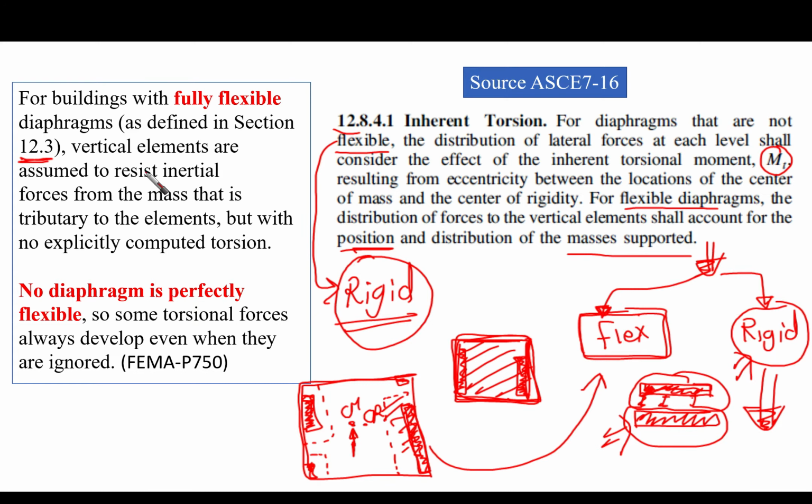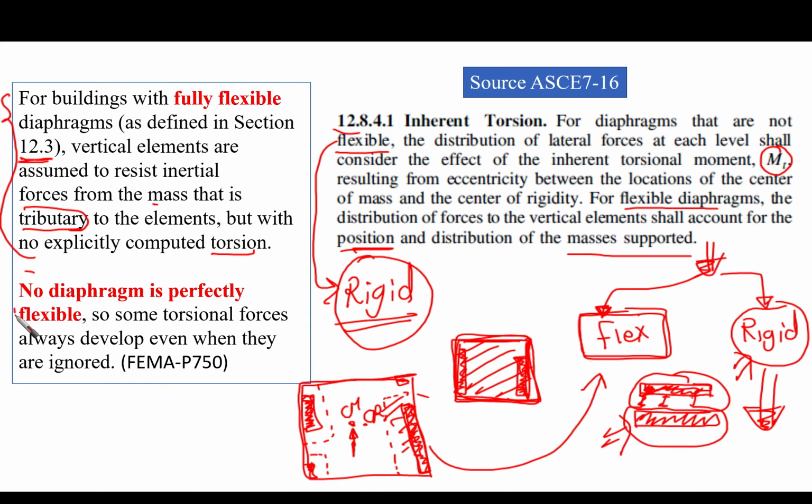Vertical elements are assumed to resist inertial forces from mass that is tributary, this is the key word here, to the elements, but with no explicitly computed torsion. That's very important, and it concludes what I have explained right now. No diaphragm is perfectly flexible.